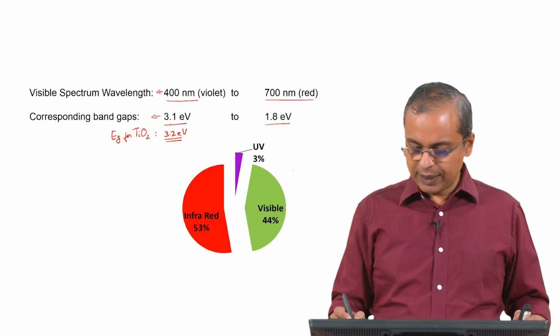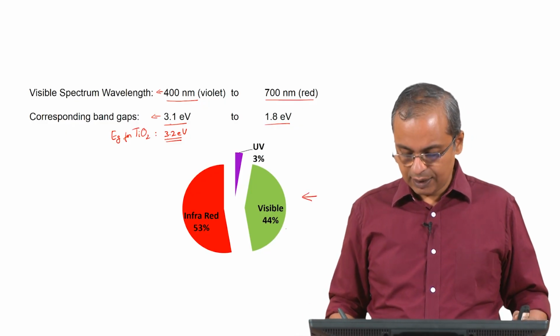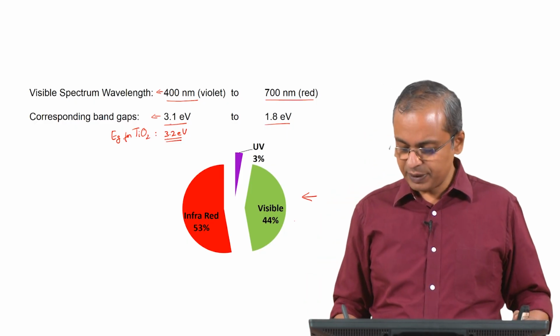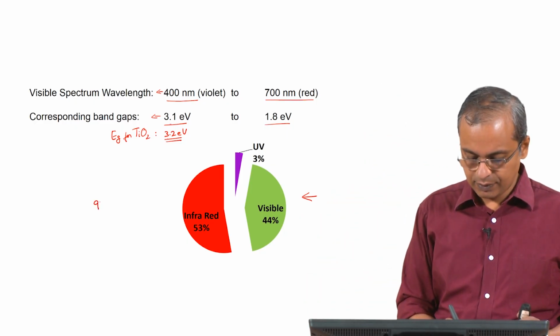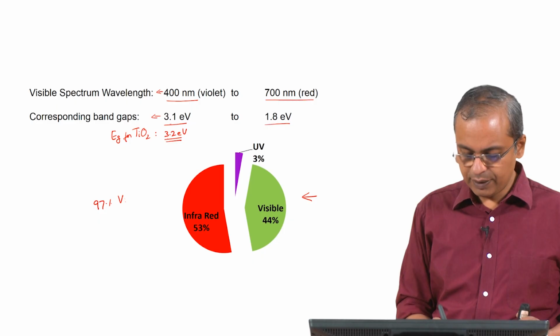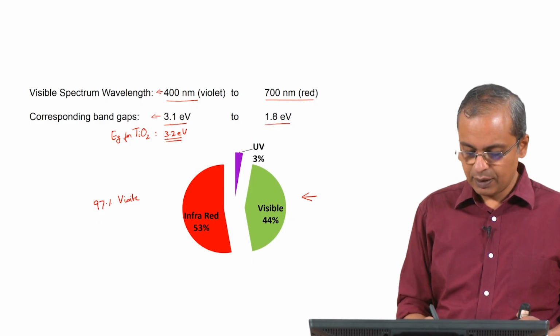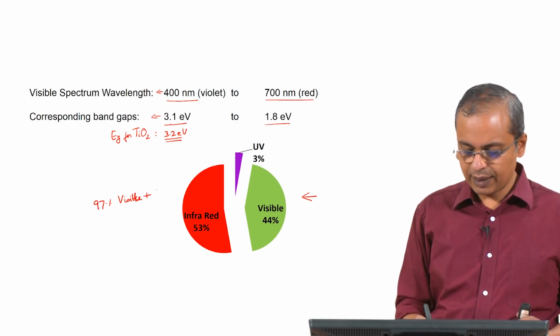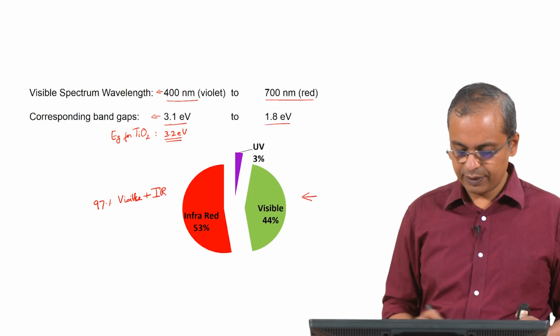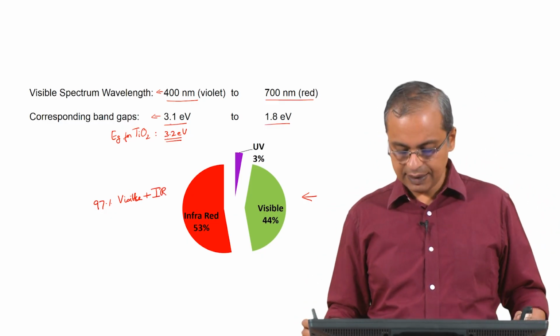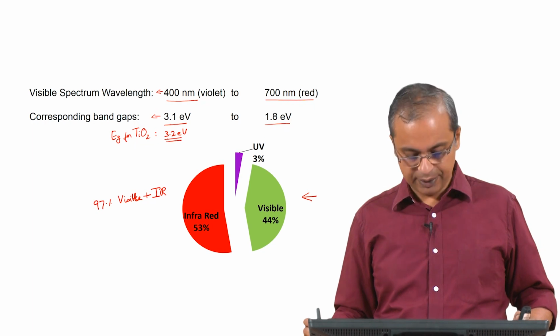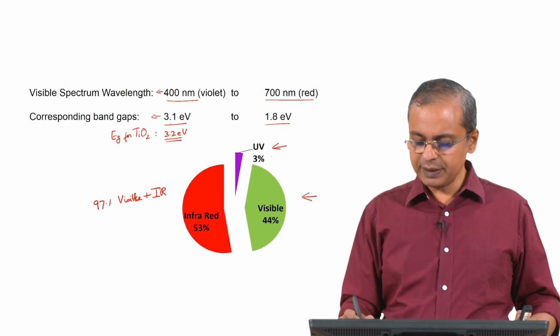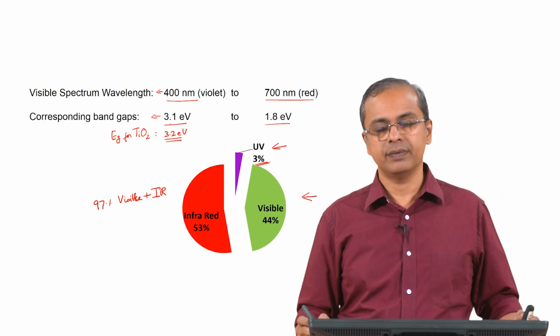So, now if you look at the spectrum, which is what you see here, you are looking at 97% visible plus IR infrared. Visible plus IR is 97% of the spectrum, only 3% is ultraviolet.